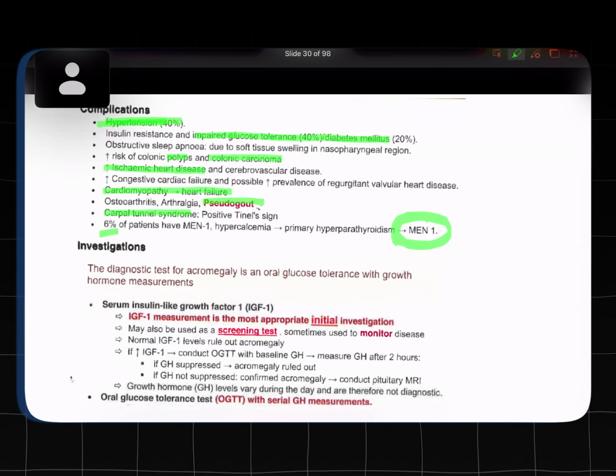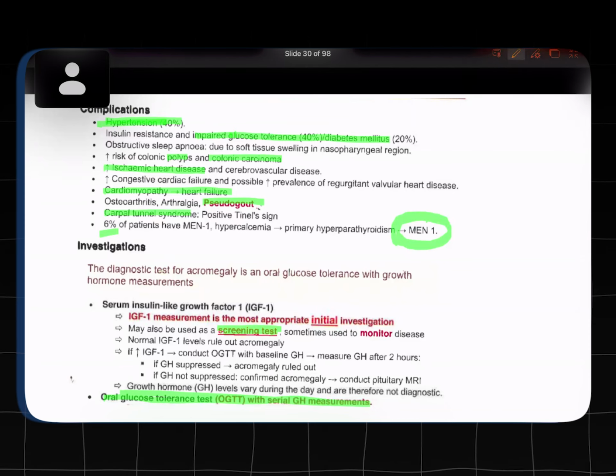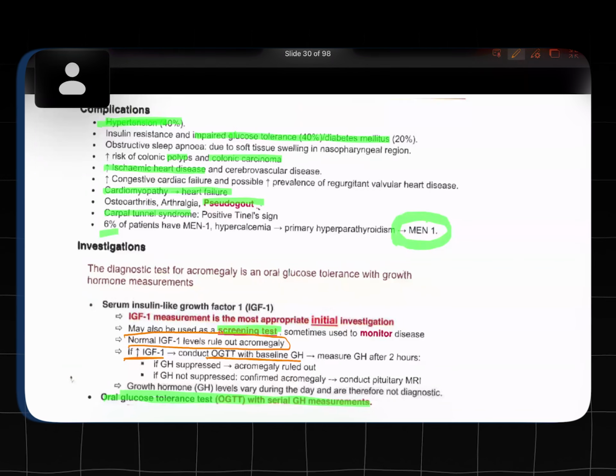Diagnostic, as I told, IGF-1 is increased, so that is the screening test, and the oral glucose tolerance test is the diagnostic test. So what are the findings? Normal IGF-1 rules out acromegaly. If there is an increase in IGF-1, you have to do the oral glucose tolerance test and measure the baseline GH and measure the growth hormone after 2 hours.